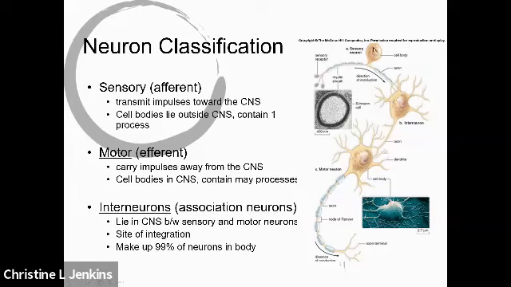You don't have to know the specific differences. All I'm pointing out is that there are some structural differences between the sensory neuron and the interneuron in the central nervous system. What we talked about was the motor neuron.